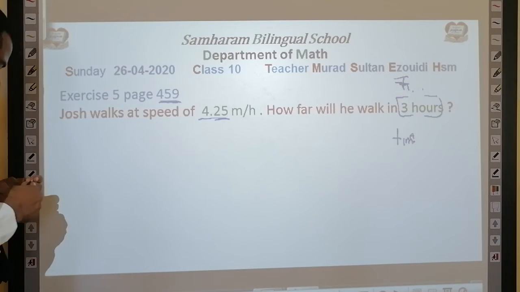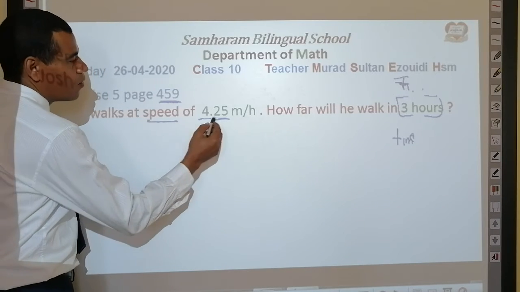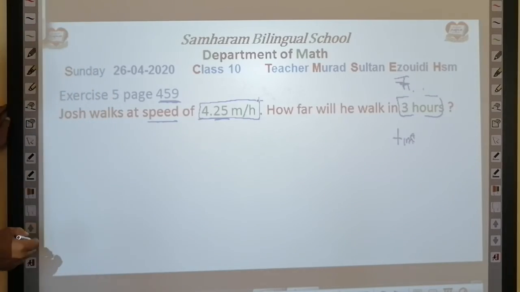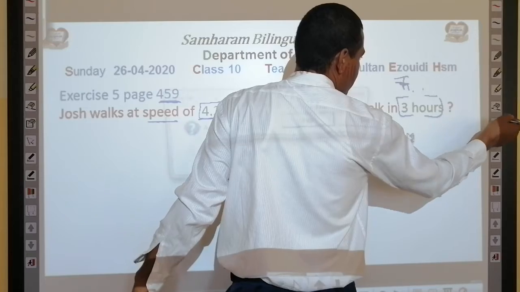What is the average speed? The average speed is 4.25 meter per hour.